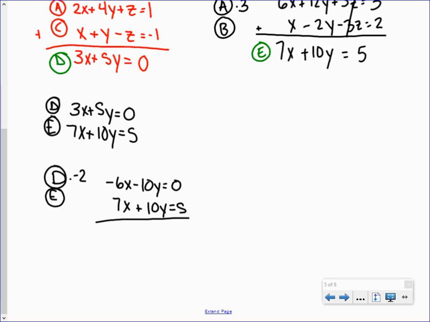Row 1. Oh wait, that's what that one is, right? Okay, and then what did you do? You multiplied it by negative 2. Yeah, good job. Whew. I know I hate these because it's like half a page for one problem.